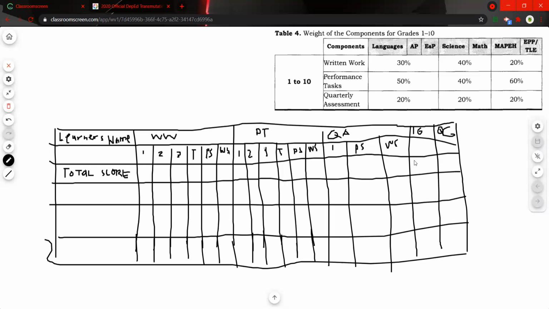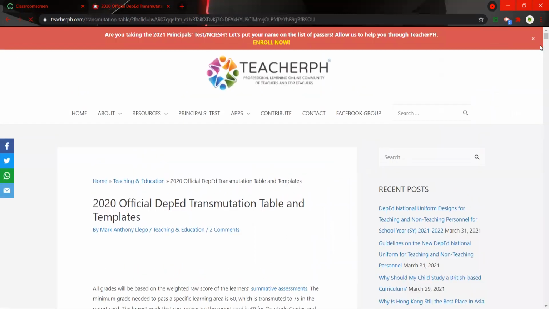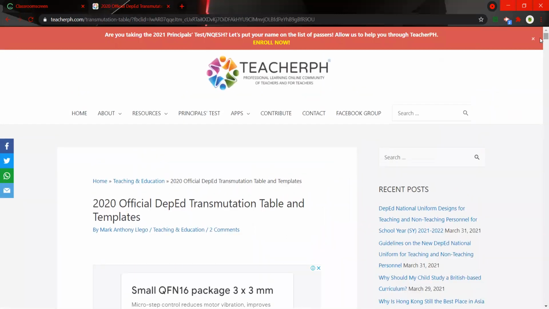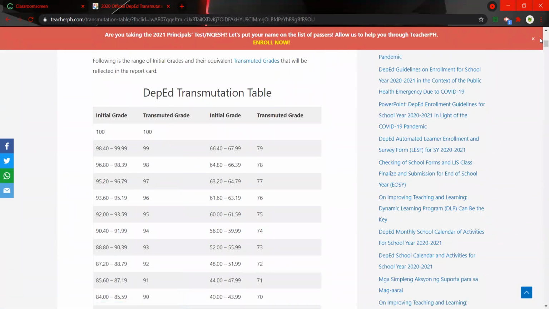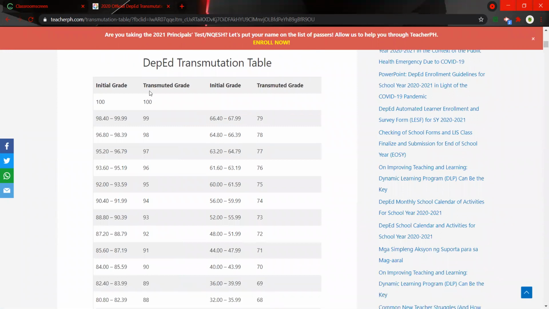That initial grade is not yet the exact value of the student's grade, because of what is called transmutation. As you can see here, we have the 2020 official DepEd transmutation table and templates. For example, if the initial grade of our student is 100, the transmuted grade is 100. If the initial grade is 98.40 to 99.99, the transmuted grade is 99.